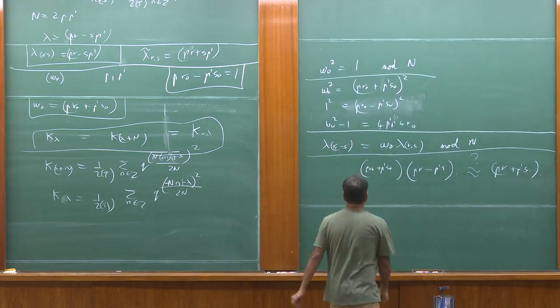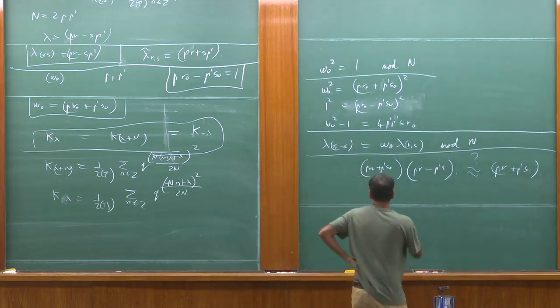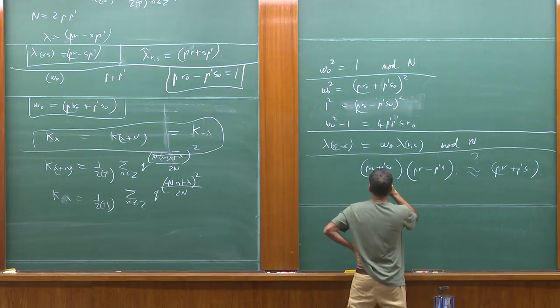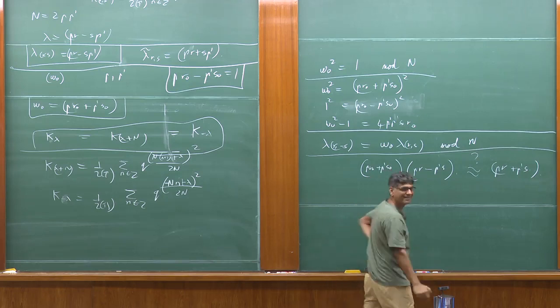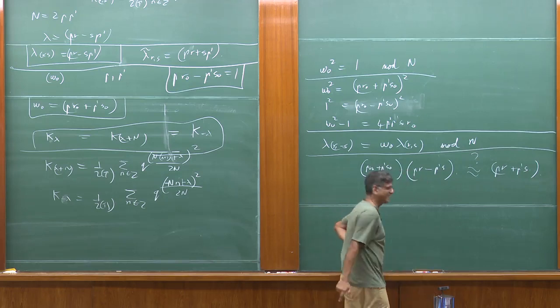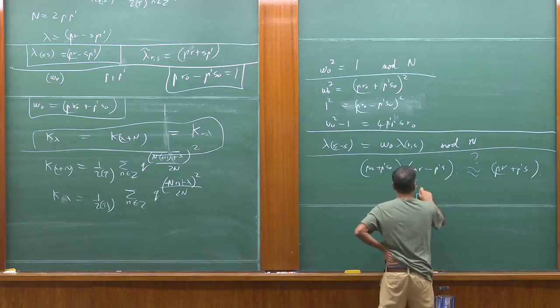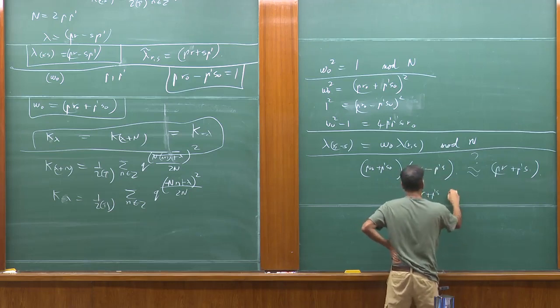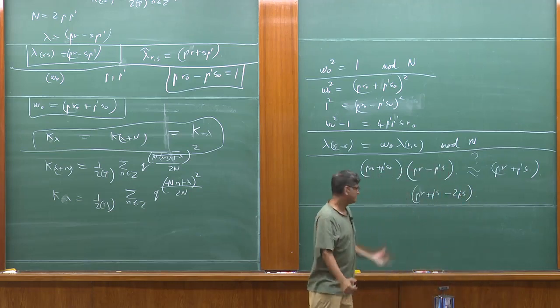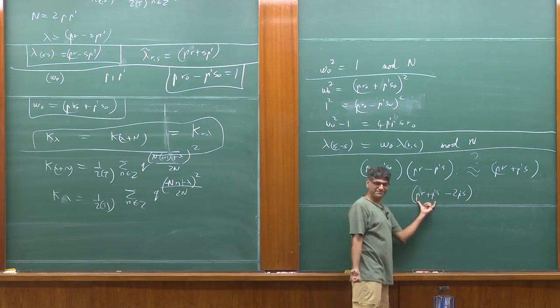So we manipulate. Roughly speaking, what do we want to do? Exactly. So we want to write this as p r plus p prime s, and then let's say minus 2 p prime s, because this gives us what we want here.